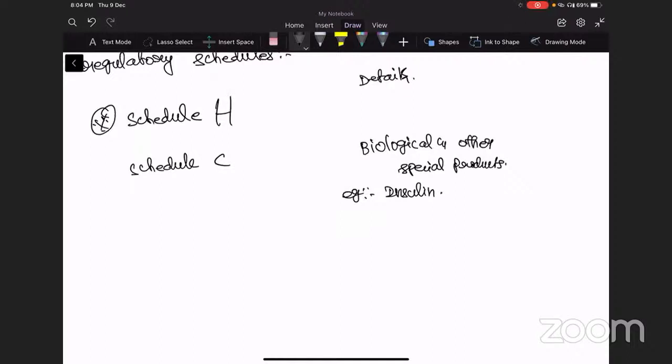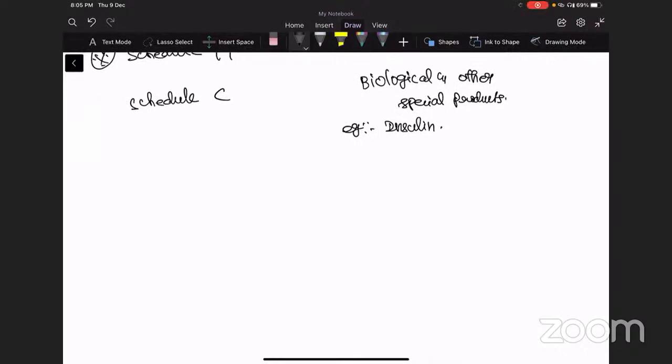Schedule H is for prescription drugs. You would have seen in many medicines, printed on the back of the tablet, should be prescribed only by the registered medical practitioner. This is Schedule H. So Schedule C is insulin.